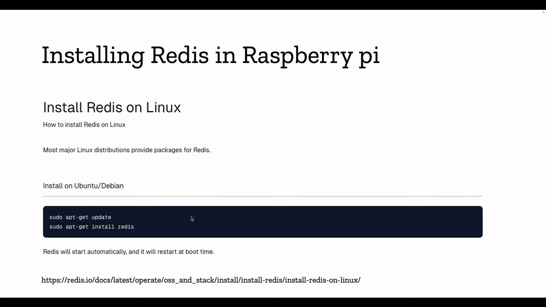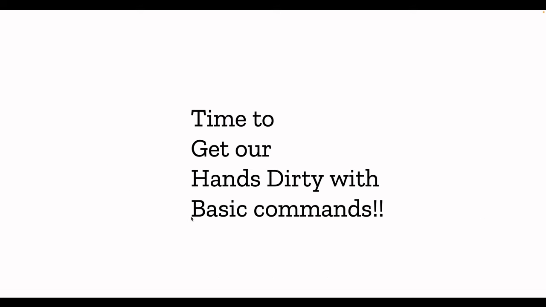Then you can install Redis by typing the command sudo apt-get install redis. This will start the installation, and Redis will restart at boot time. This is how you can continue the installation on your Raspberry Pi, which I'll show you in a while. Now it's time to get our hands dirty with some basic commands.